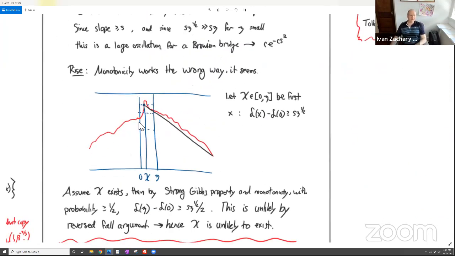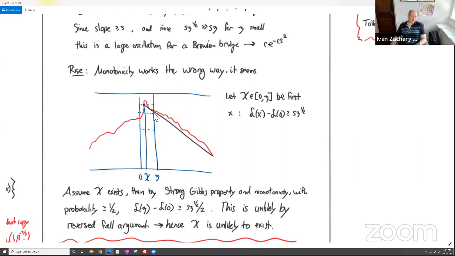What we do is we say, let's take a stopping time, the first time between 0 and eta that we exceed a change of S times eta to the 1/2. If that occurs, then the path that remains between that time and 2 is bounded below by a Brownian bridge, and the Brownian bridge is 50% likely to be above the linear interpolation at time eta.